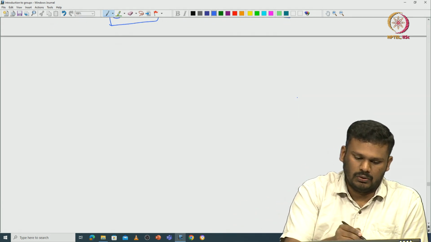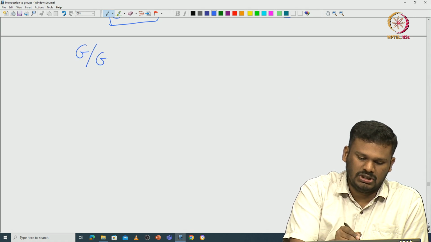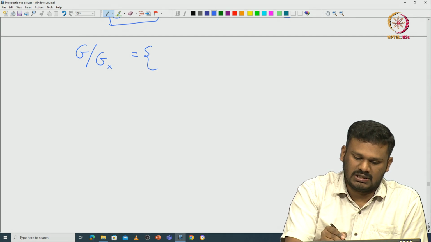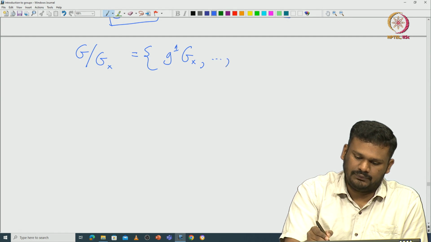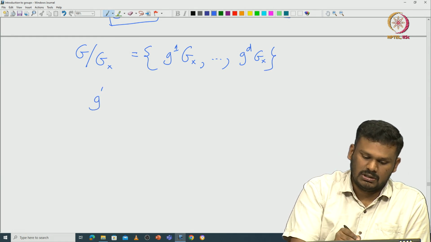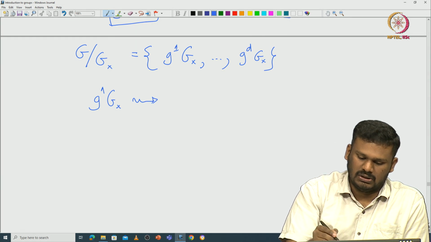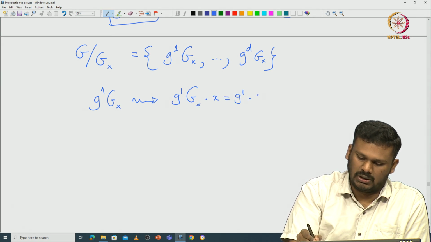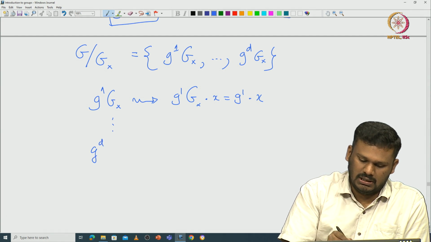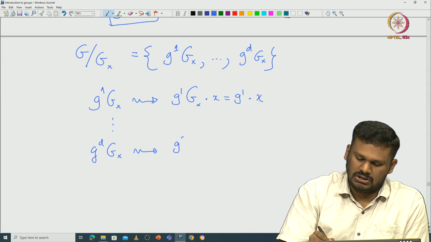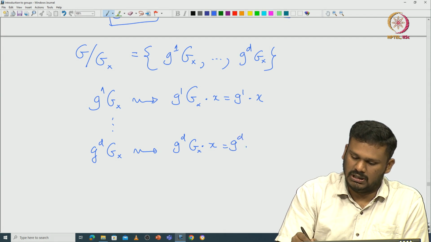So you can see that if I relabel G mod Gx, as something like g1 Gx, etc., gD Gx, then we are seeing that g1 Gx gives us g1 Gx dot x, which is exactly g1 dot x, and similarly gD Gx gives us gD Gx dot x, which is exactly gD dot x.